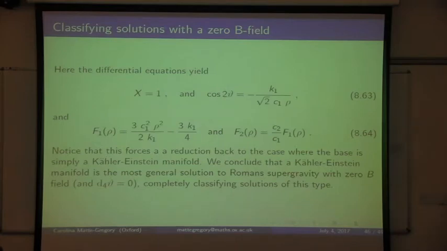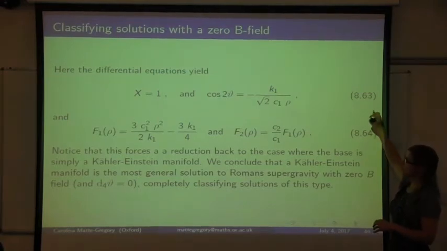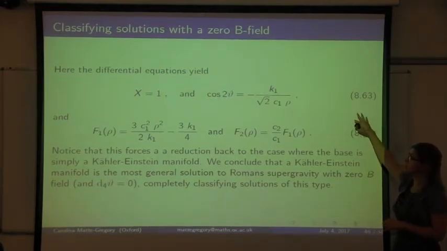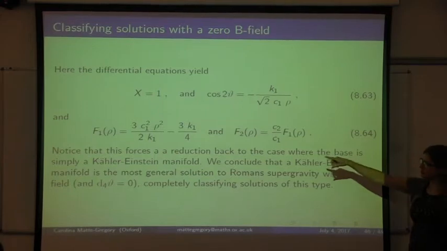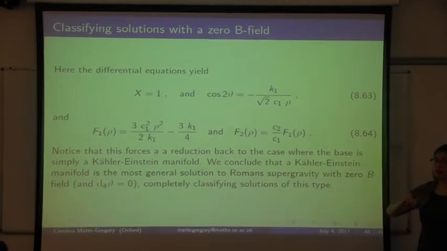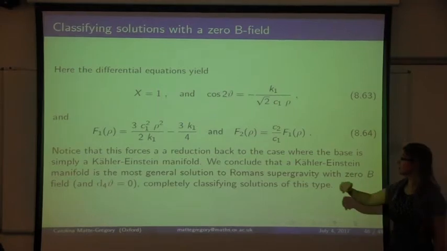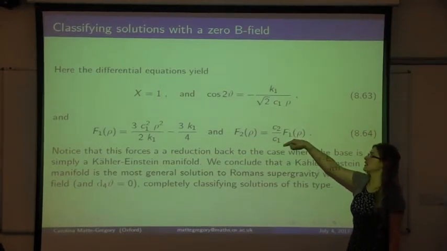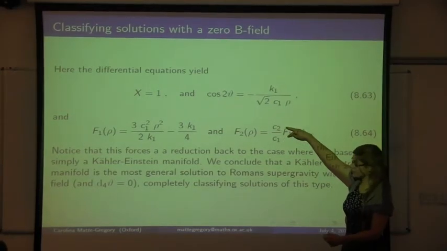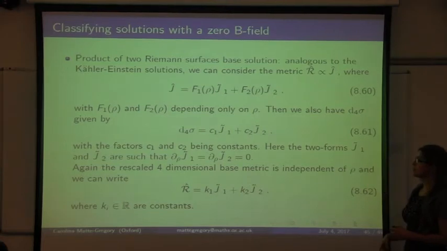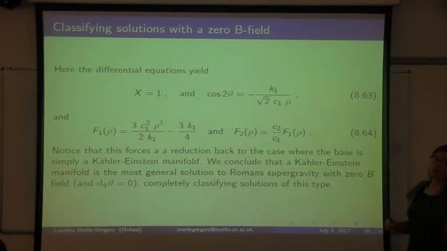Now, if you plug all those things again into those general equations that you got for p equals 0, those differential equations that we got, what you have for x and for cos theta are very particular. But for f1 and f2, what you get is that f1 is very similar to what you get in the Kähler-Einstein case, which is not surprising because f2 is actually proportional to f1, and the constants that I have sitting in front of my J1 and J2 end up canceling each other.